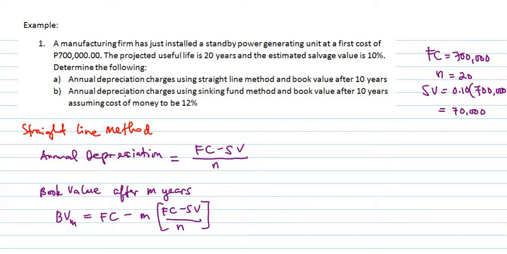So that when we solve our annual depreciation charges using a straight line method, we will simply use this formula. That is equivalent to our first cost, which is 700,000, minus salvage value, that is 0.10, or 10% of our first cost, which is 700,000, divided by our N, the useful life, which is equivalent to 20.